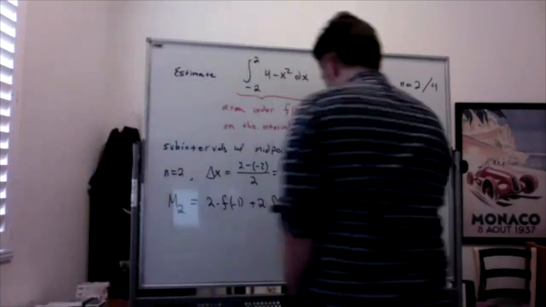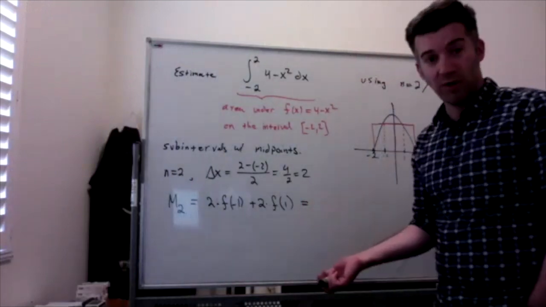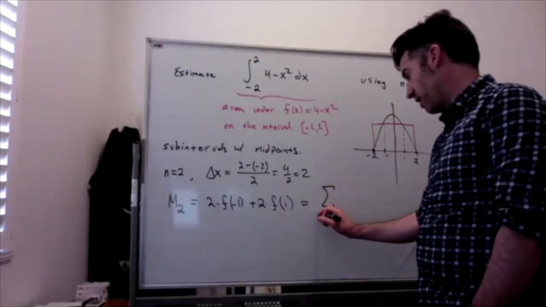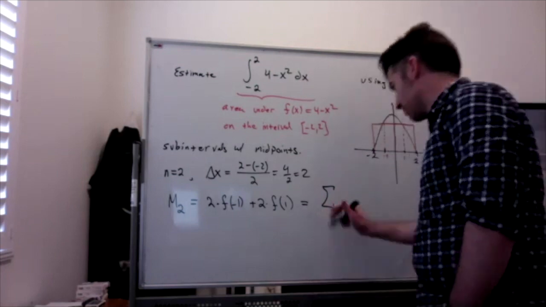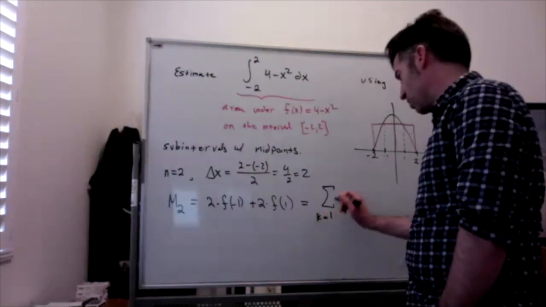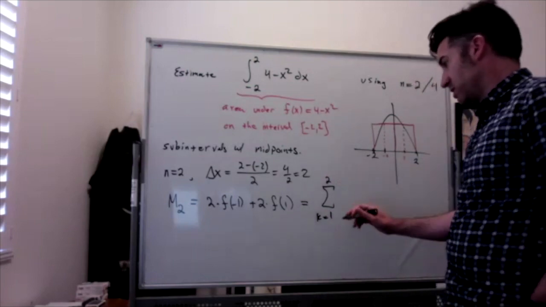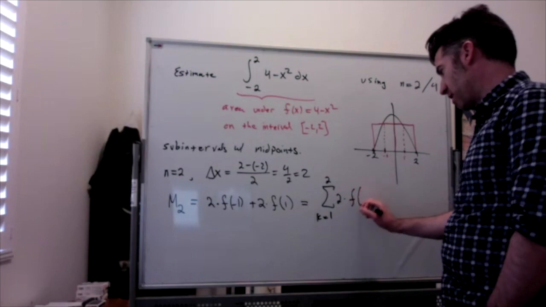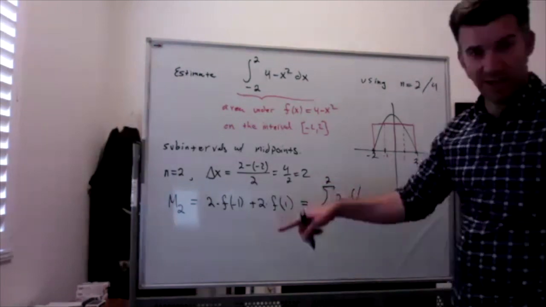Or written more compactly, I could say it's the sum from k equals 1 to 2 of 2 times f of, let's see, when k equals 1, I want -1.